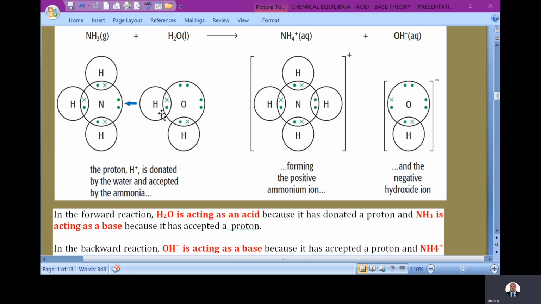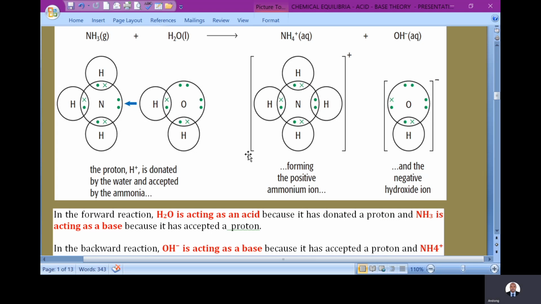Ammonia here is accepting a proton donated by water because there is a lone pair here. So a base, in other words, is a proton acceptor. We could also say a base is a lone pair donor, and a proton is a lone pair acceptor. So the water donates a proton to ammonia, which is the base. The base is the proton acceptor.